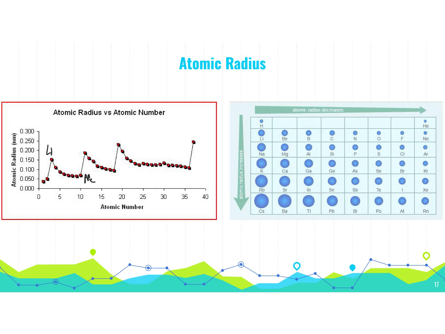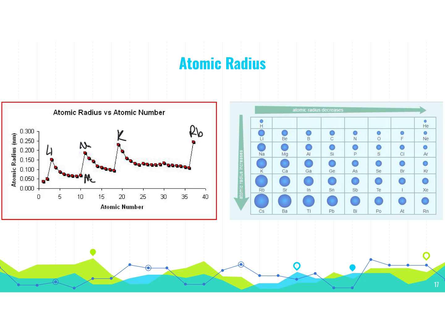Then it jumps once again when we get up to sodium. It decreases once again, and then at potassium, K, it increases in radius. It continues to go down until it reaches this plateau, and then at rubidium, we see that increase again.